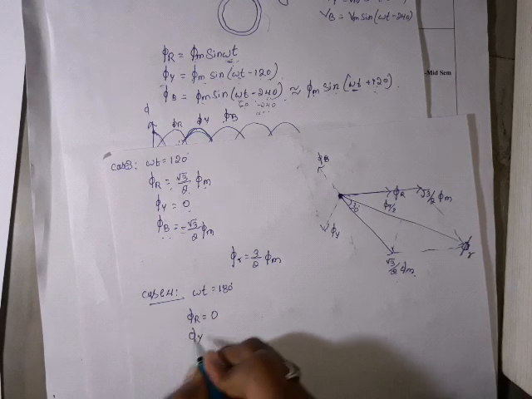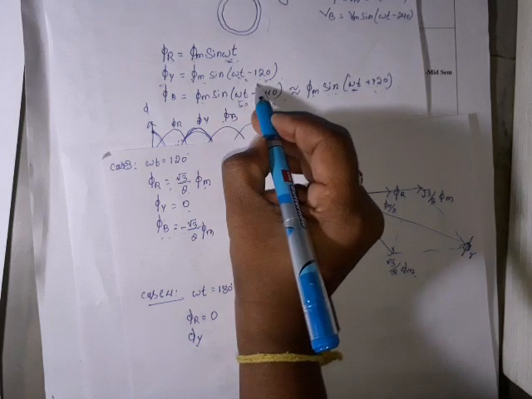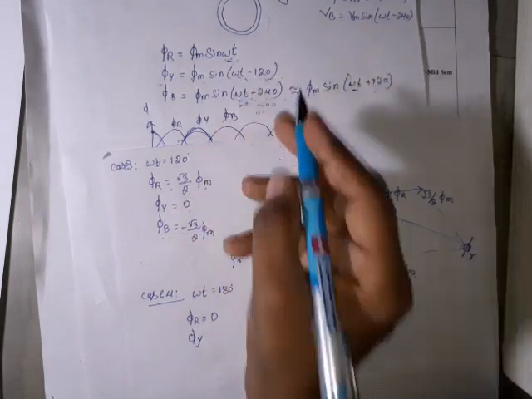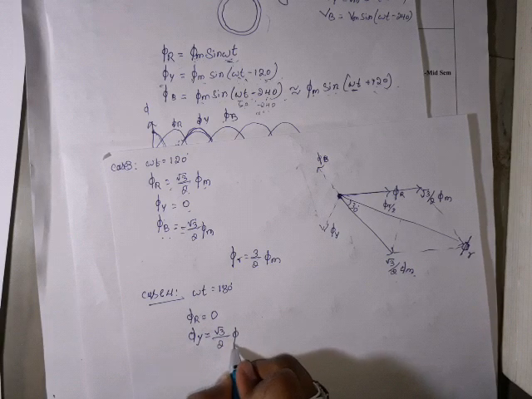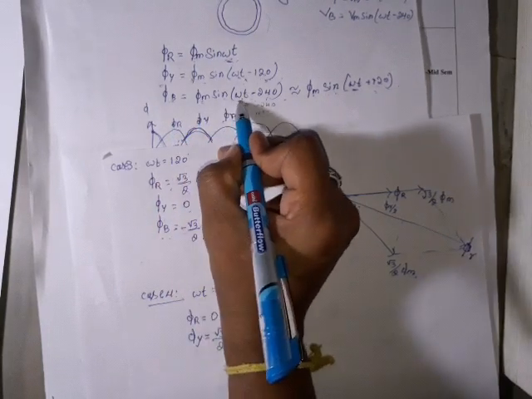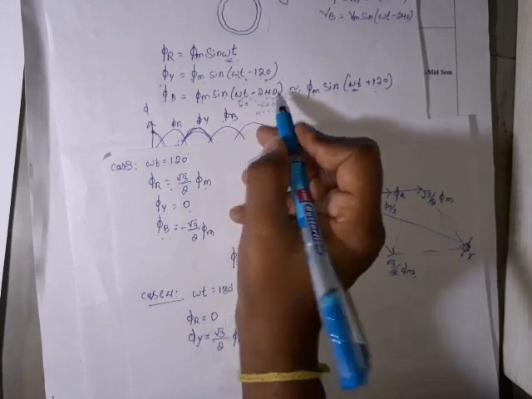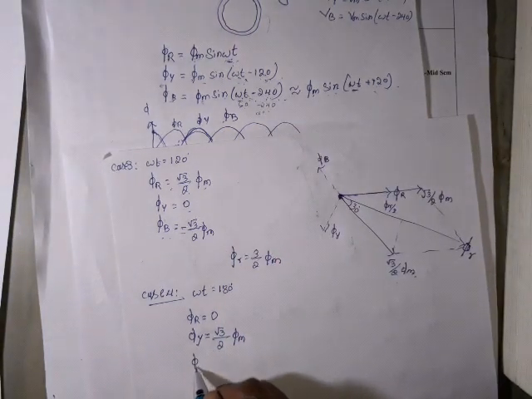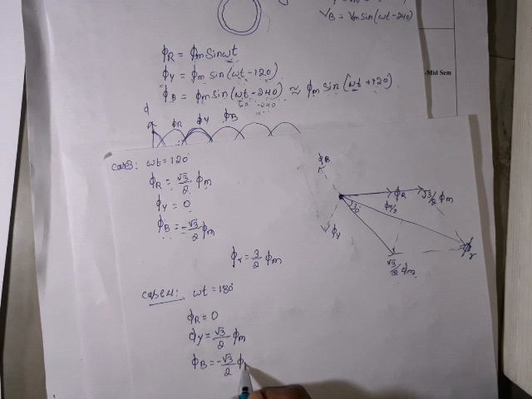Then phi y, 180 minus 120, that is sine 60. Phi m sine 60 is root 3 by 2 times phi m. Phi b: 180 minus 240 is minus 60 degree. So phi b will be minus root 3 by 2 times phi m.